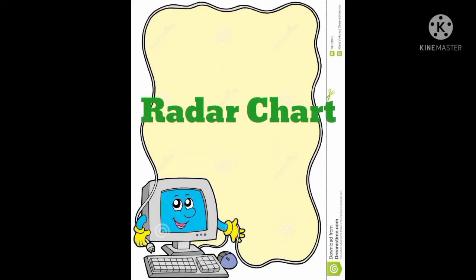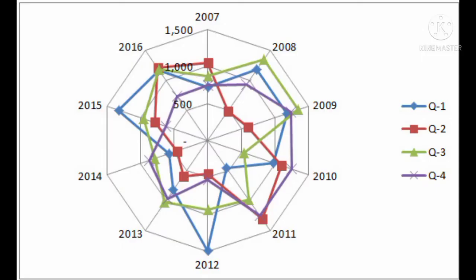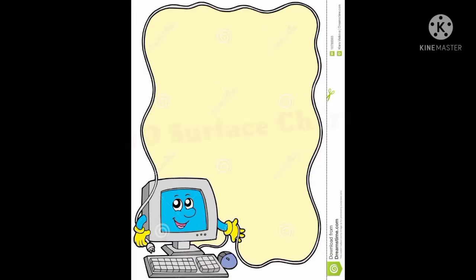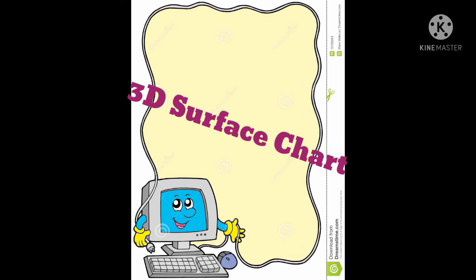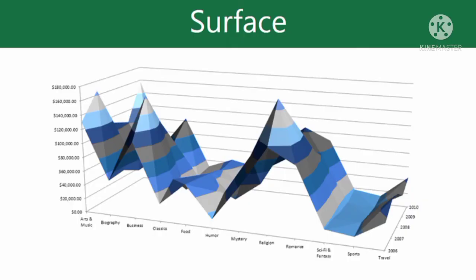Next type of chart is the radar chart. A radar chart plots the data on concentric circles. Here is the graph of a radar chart. Next type of chart is the 3D surface chart. It creates a three-dimensional view of the data. A topographical map is an example of this type of chart.